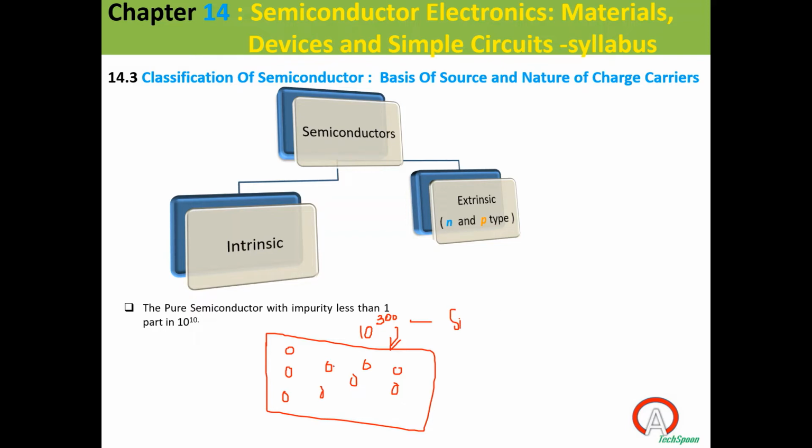Now I am grouping the silicon atoms into groups of 10 to the power 10. This is one group, this is another group, this is another group. Each group will have how many silicon atoms? 10 to the power 10 silicon atoms.